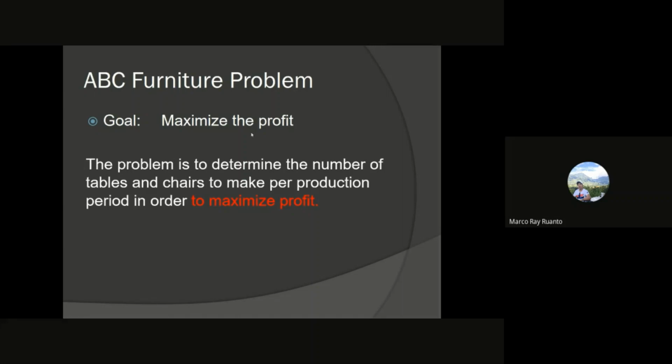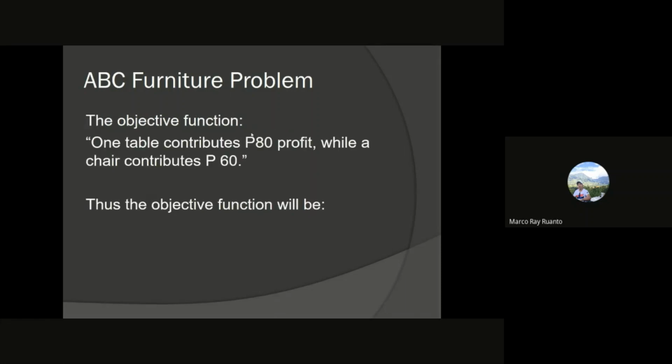Since we now have our main goal, we can now define our objective function. It says here that our objective is to maximize the profit, and one table contributes 80 pesos of profit and one chair contributes 60 pesos of profit.